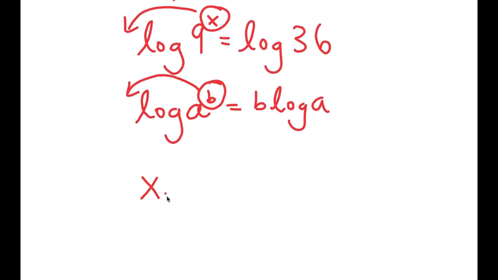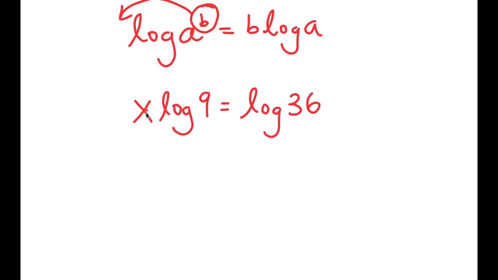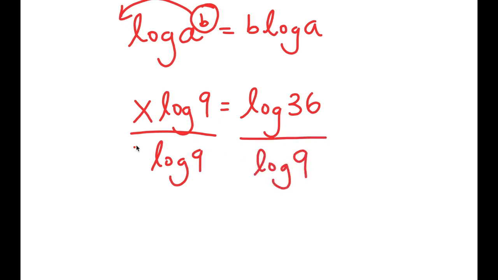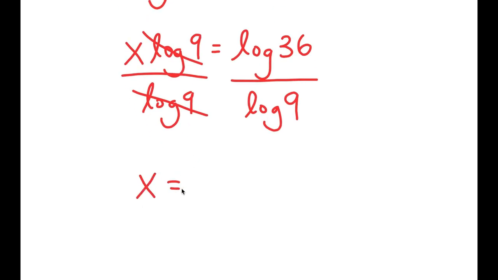So now I get x times log 9 is equal to log 36. Now, obviously, we want to isolate x, so I'm going to divide both sides by log 9. Then these two cancel out, and I get x is equal to log 36 over log 9.